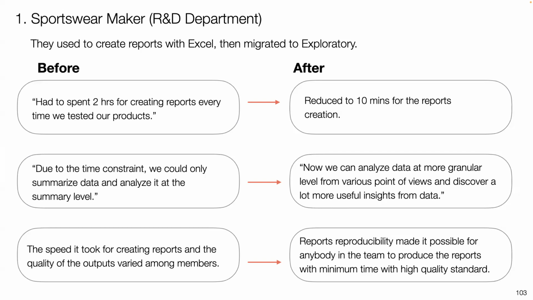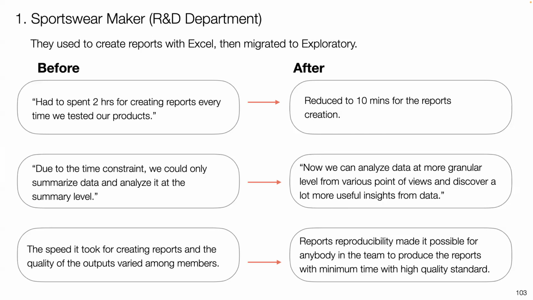They were only visualizing the summarized data. But now they're actually doing the analysis on the raw data, the lowest level of the data, so they can find a lot of patterns and trends from that data.